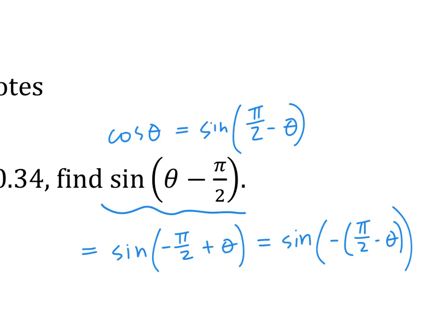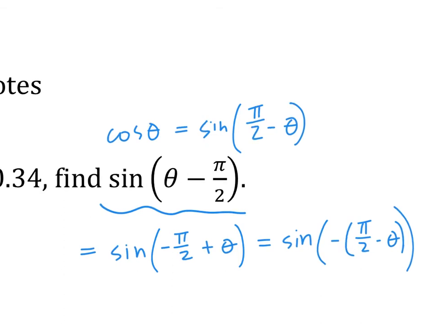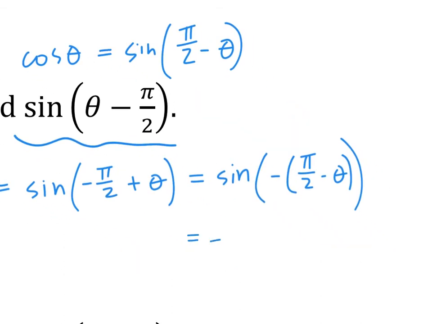Is sine odd or even? Odd. So negative inside means negative outside. We're trying to make it match, because all I know is cosine is this number and I can't figure out what the sine of theta minus pi over 2 is. So I'm going to use all my identities to maneuver to get there.